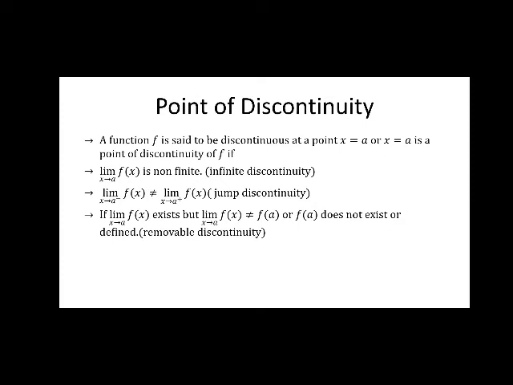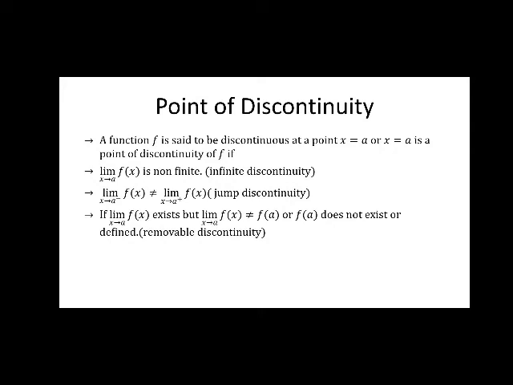When do I call a function having a removable discontinuity? If the limit exists, meaning the function has a limiting value, but it does not match the functional value, that is one case. Or the functional value does not exist or is not defined at all.